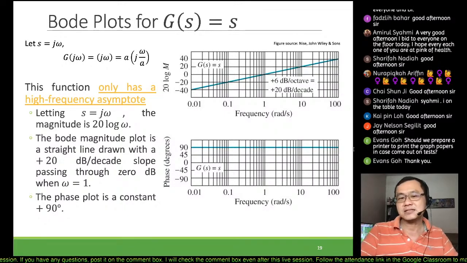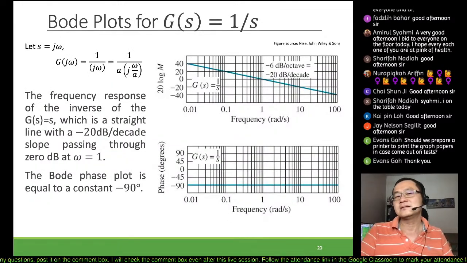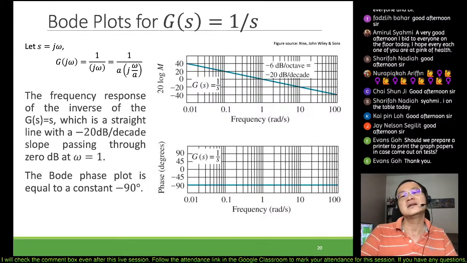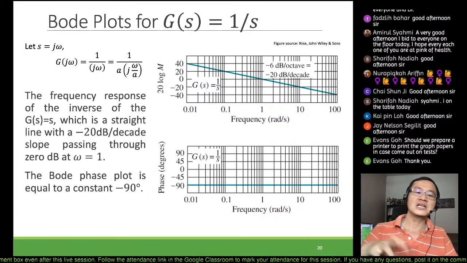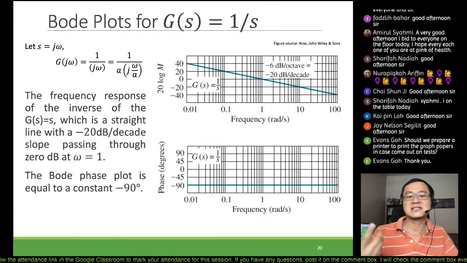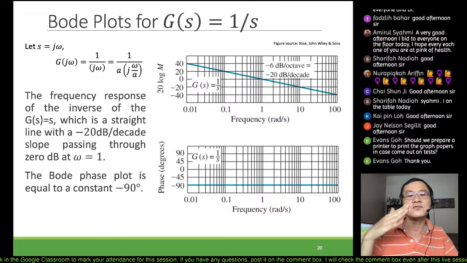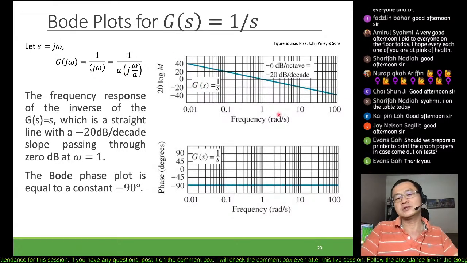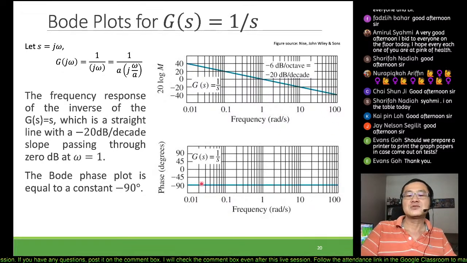Once we understand this as well, then this 1 over s transfer function will have just the reverse, or the inverse, of the G(s) equals s function, which is now with a slope of minus 20 throughout the whole range of frequency, as well as a constant value of minus 90 for the phase angle throughout the range of frequencies.